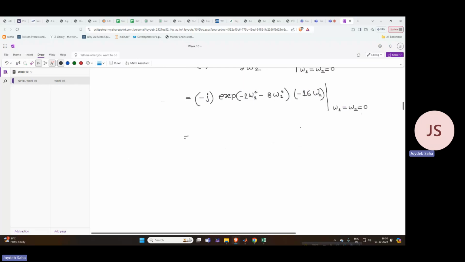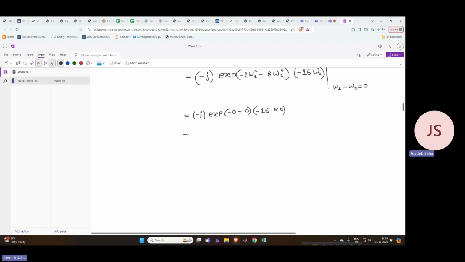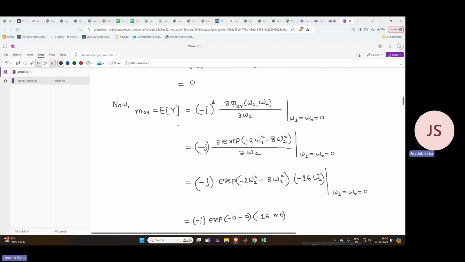So let us put the value. We will get minus j, exponential of 0 multiplied with 16 into 0, which is 0.